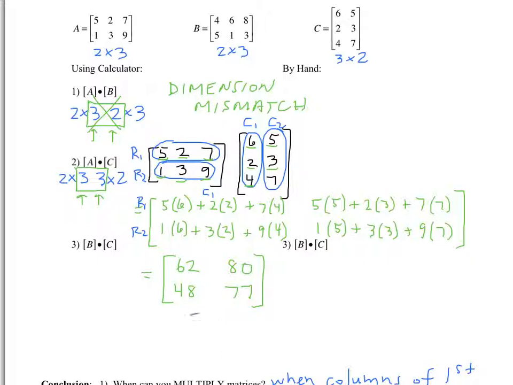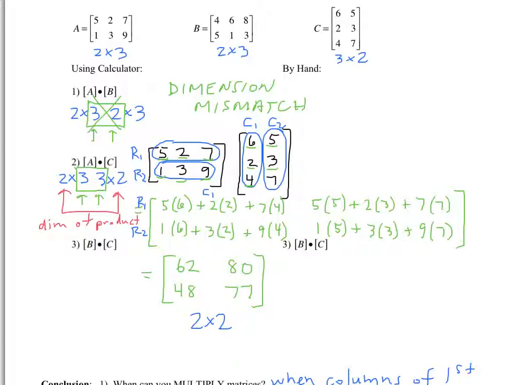Note the dimensions, a 2 by 2. Let's take a look back at the original dimensions of matrix A and C. Notice the outside values. The rows of the first matrix and the columns of the second matrix are going to give us the dimensions of our product matrix, which was a 2 by 2 matrix.